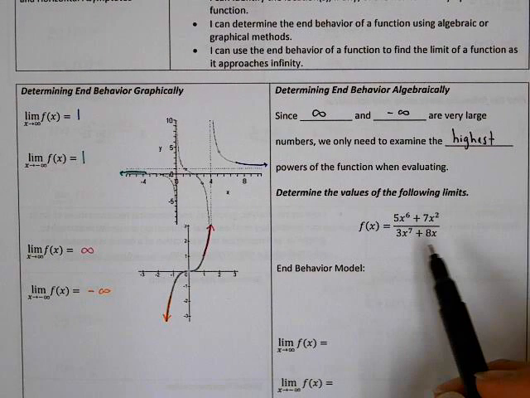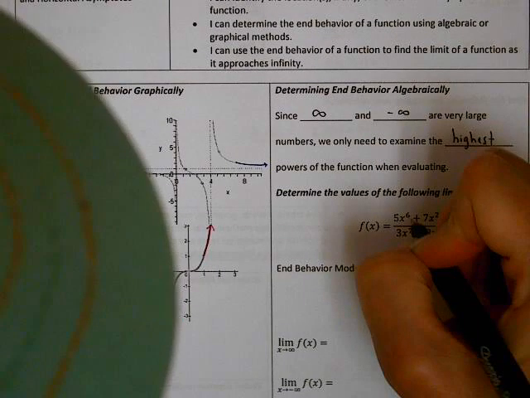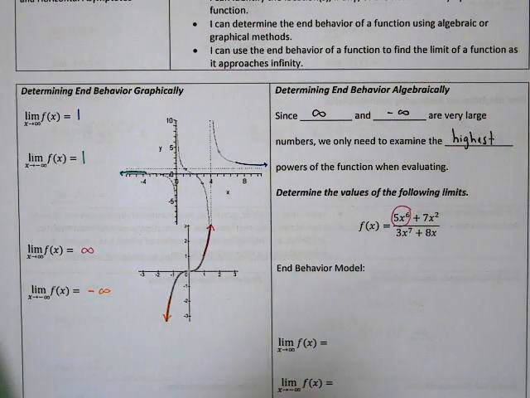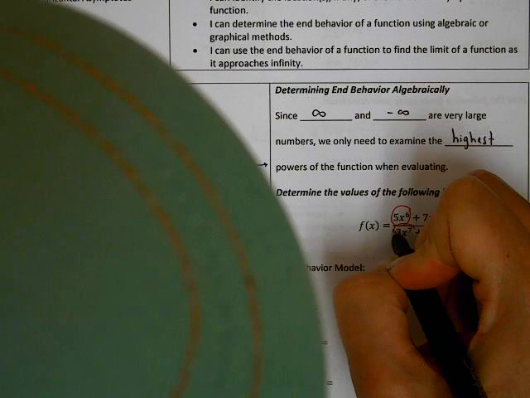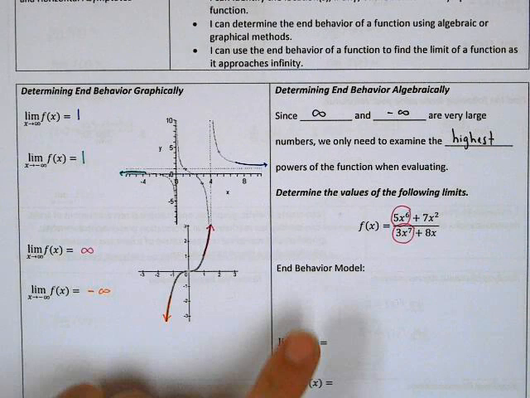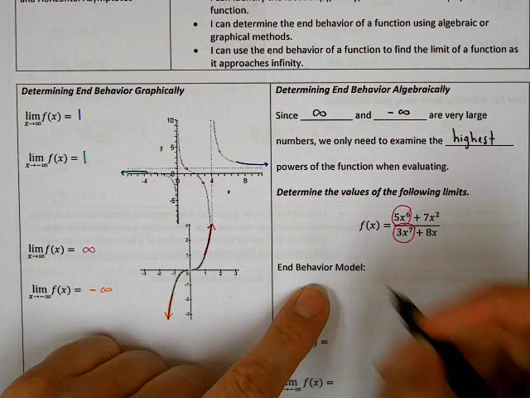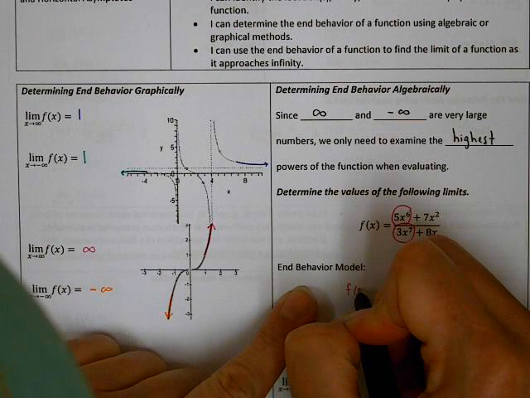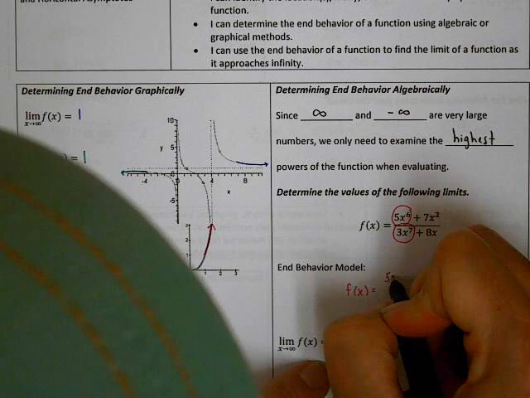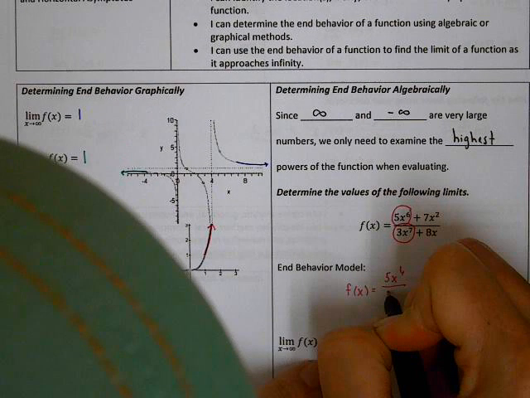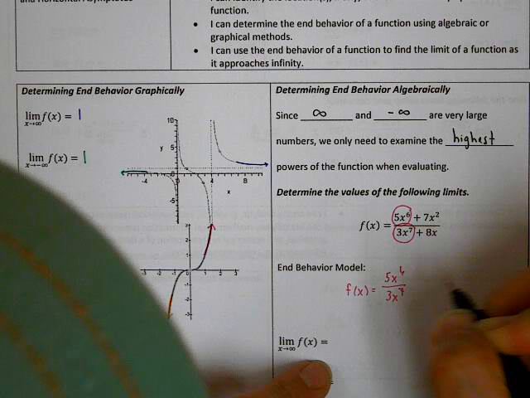When I look at the highest powers, I'm really considering my 5x to the 6th in the numerator and 3x to the 7th in the denominator. So when we talk about the end behavior model, we're really talking about looking at just those highest powers. So 5x to the 6th over 3x to the 7th.